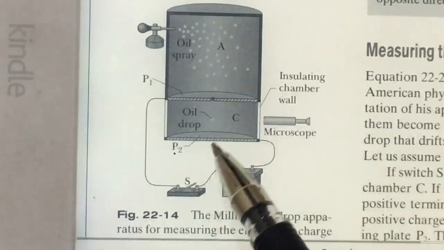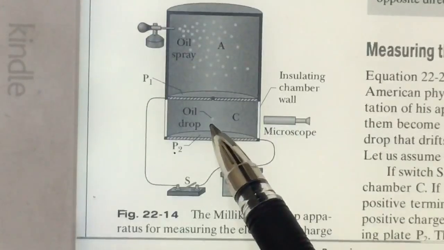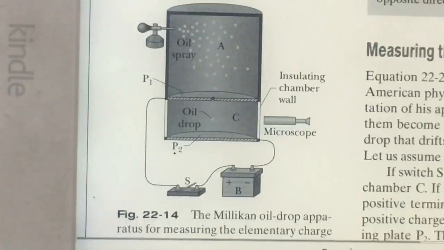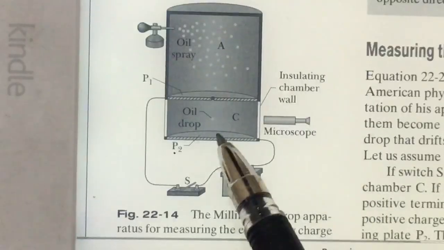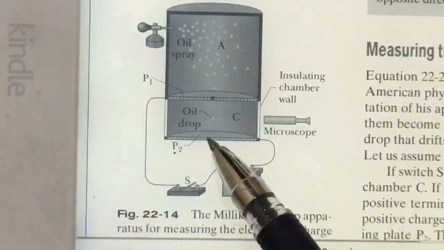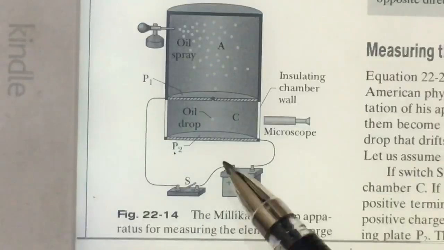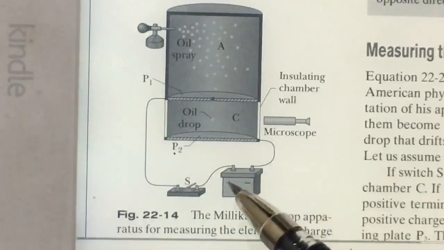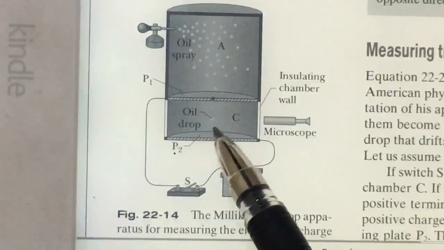Based on the charge on this oil droplet, the electrostatic force will be applied on it. If the charge on this oil droplet is more, then more electrostatic force will be applied, and if the charge is less, then less electrostatic force will be applied on this oil droplet.